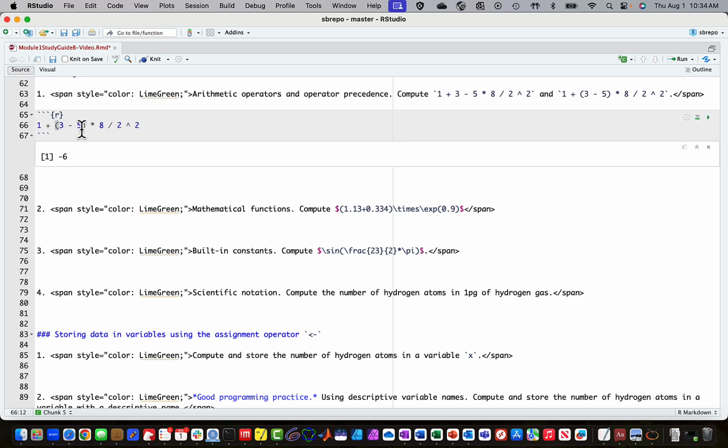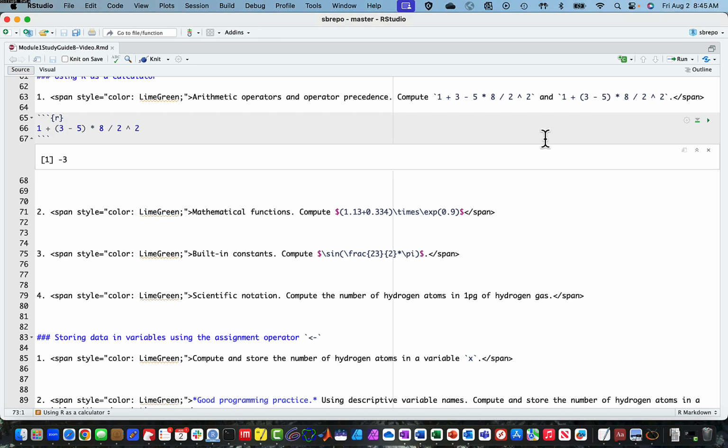And now what will happen is 3 minus 5 will be evaluated first because it's protected by parentheses. And so we will have negative 2 times 2 or negative 4. And therefore we will have 1 minus 4 or negative 3. So now if I run this code chunk with Control Shift Return, the answer should be negative 3. And that is indeed the case here. The answer is negative 3.